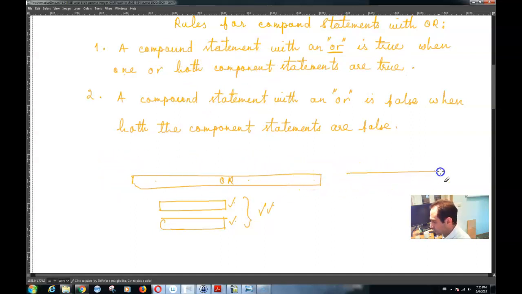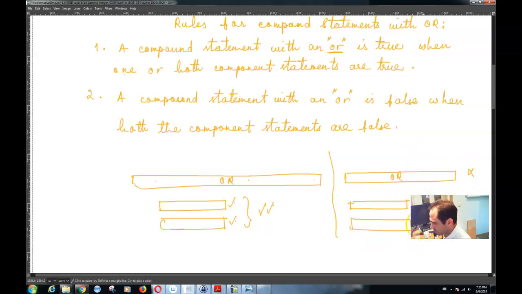And now let's say you have another compound statement over here with an OR, and your compound statement has two component statements. So basically we said that the compound statement with an OR is false when this component statement is false, and also this component statement is false.